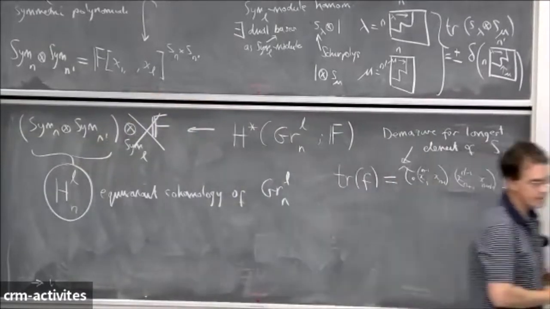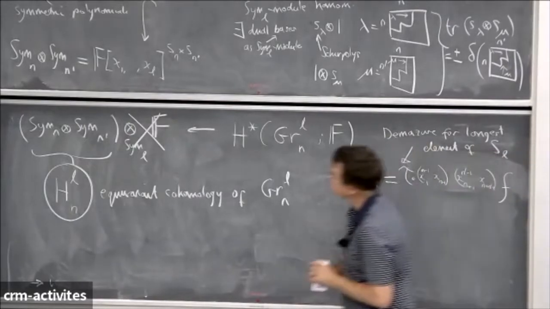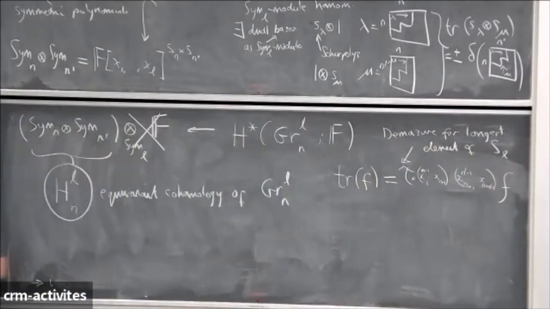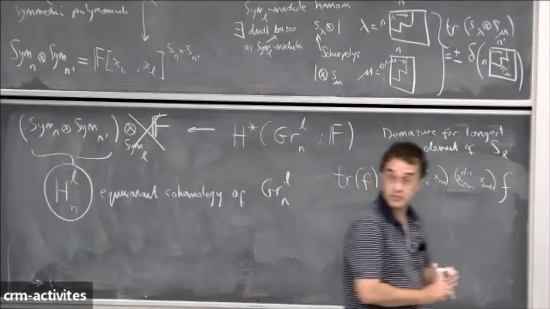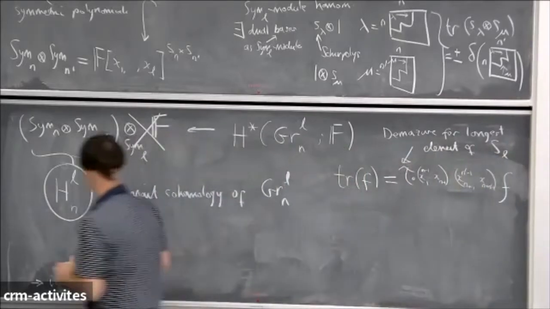Okay, so that's everything that I want from the classical stuff. This crucial Frobenius extension appears all over the place. For example, if you like Soergel bimodules, this extension is at the heart of the theory of Soergel bimodules.